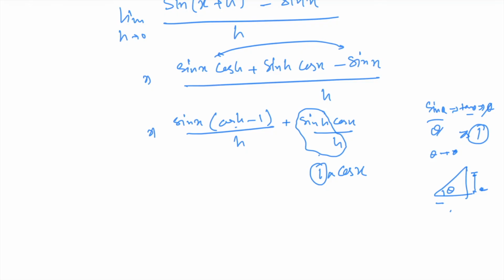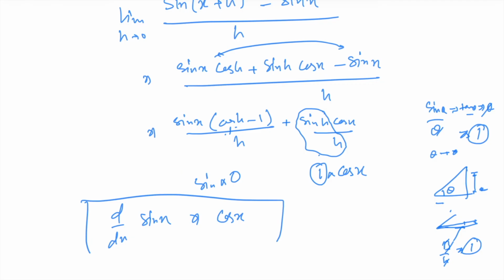Because when theta is very small, it will flatten out, like the perpendicular, the base and the hypotenuse would be the same, and in the cos theta formula it is base upon hypotenuse, and since they would be the same, that will come 1. Putting 1 here, 1 minus 1 becomes 0, so sin x into 0, and the resultant would come cos x. So we can write d/dx of sin x is equal to cos x.